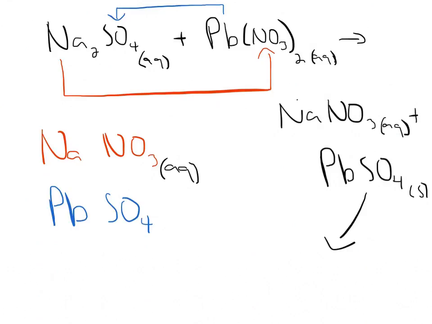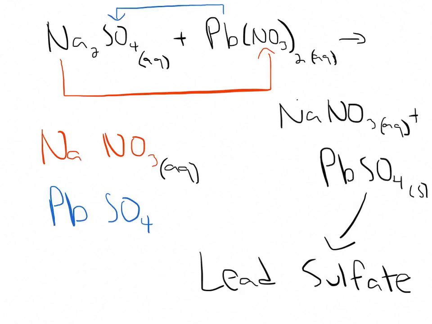Remember our naming rules. It's not just enough to name this lead sulfate. Because lead is a transition metal, we have to give it the Roman numeral 2 because it has a charge of 2.